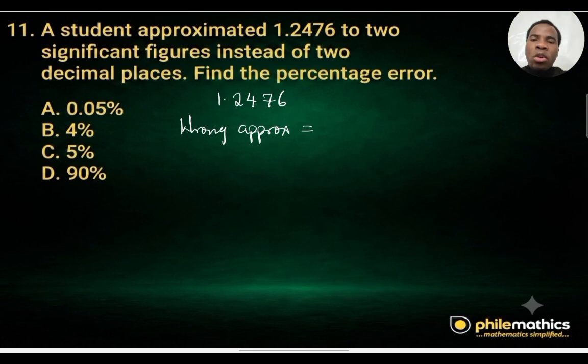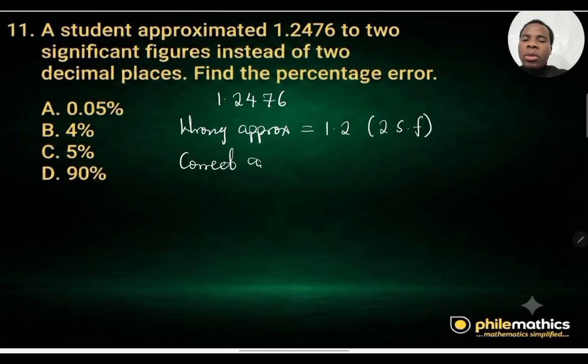to two significant figures means after the first significant figure, which is 1, the next significant figure is 2. So it's simply 1.2 to 2 significant figures. And the correct approximation was supposed to be to two decimal places.